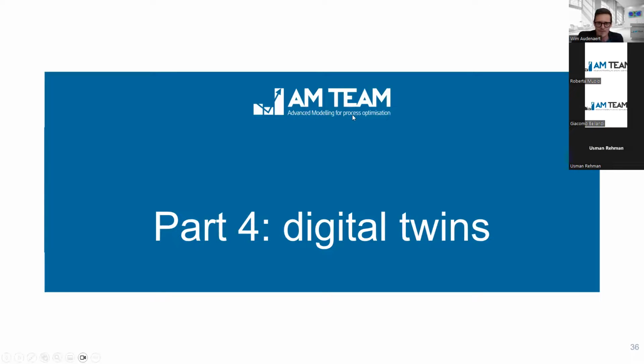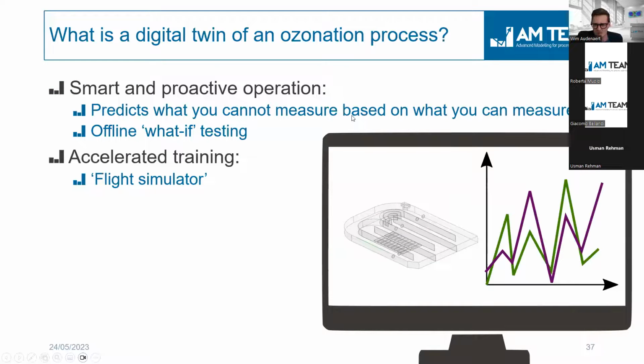I will shortly introduce this and then I will give the word to my colleague. So what is a digital twin of an ozonation process? To our understanding, how we define it typically is it's a bunch of mathematical equations. We don't care how they look, but it's some magic, let's say, in mathematics that gives you variables or insights you cannot measure based on what you can measure.